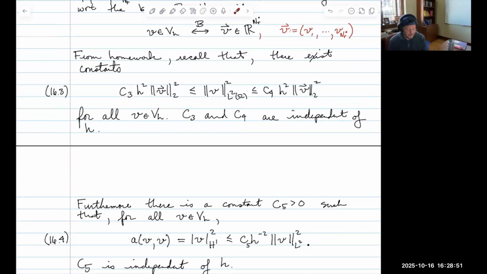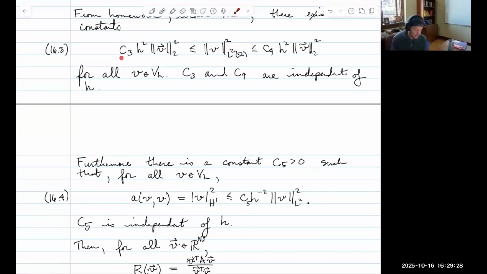All you do is start on the reference triangle, and you make the argument that the L2 norm of a function on the reference triangle is equivalent to the Euclidean norm of its coordinates. And then you use the scaling argument the same way we did when we were proving the error estimates for interpolation.